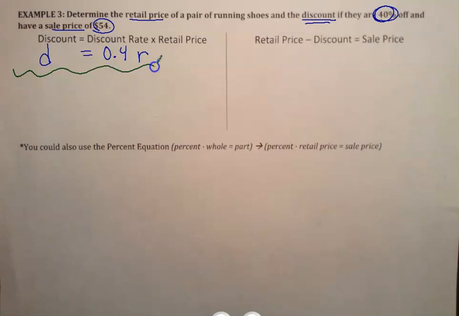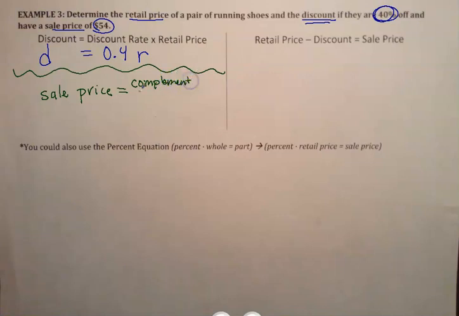But in this case, when we have two variables and we can't solve, we might have to change the way we think about it and say, well, instead of thinking of our discount, think of the sale price. That would equal not the discount rate, but the opposite of the discount rate, like the complement of that.